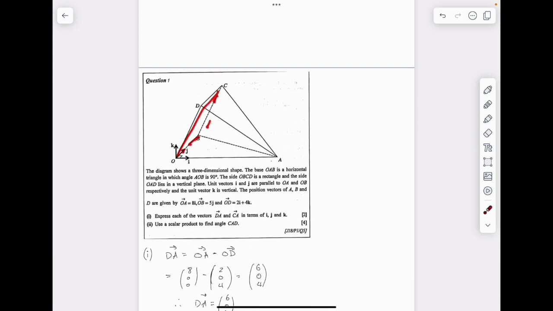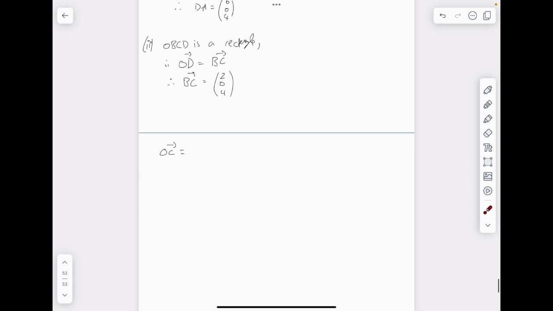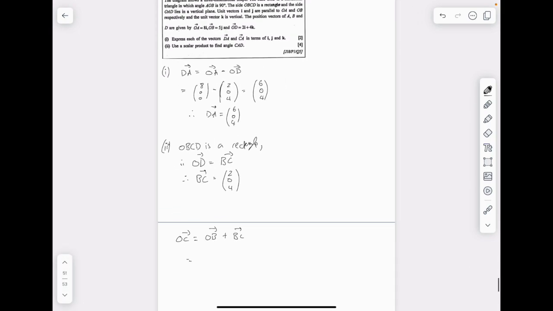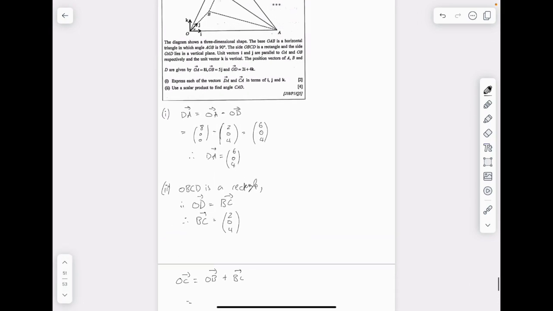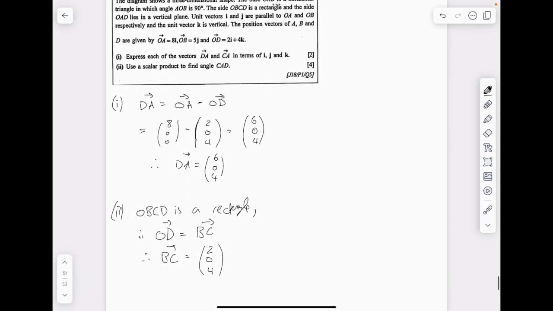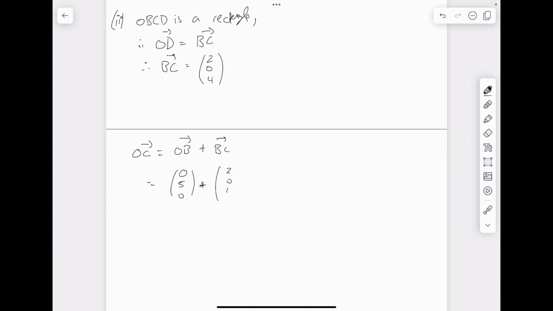OC, but we're taking this path up here, is going to equal OB plus BC, which equals 050 plus BC, 204, so 254.